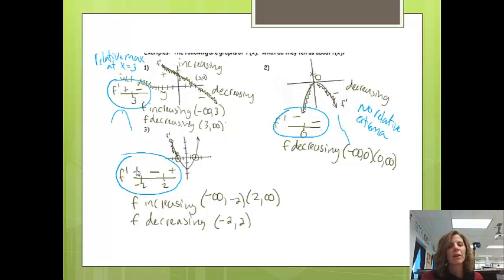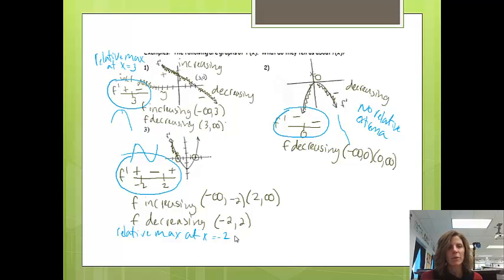I know based on this chart that the function is going to go up, and then the negative is going to make it go down, and then since it's positive, it'll go back up again. So based on this, at negative 2, since the function went up and then it went back down, I know that there is a relative max there. So I'm going to put relative max at x equals negative 2.